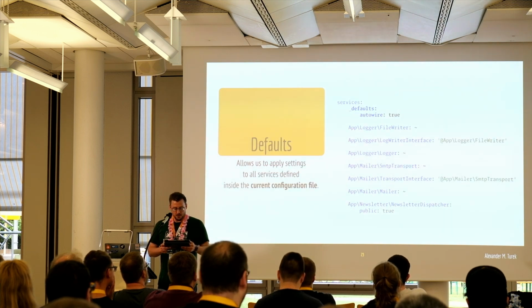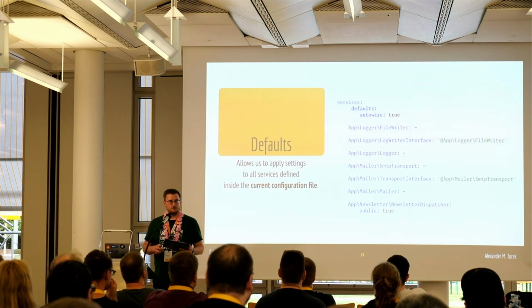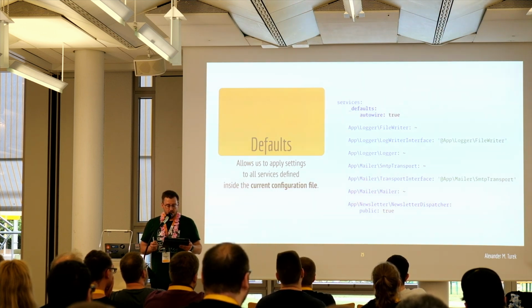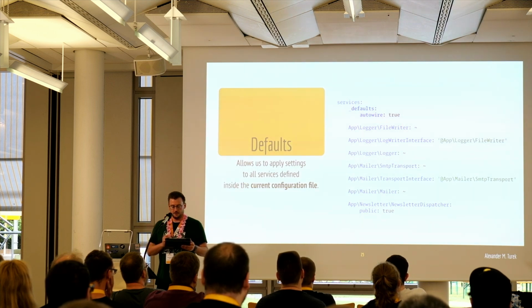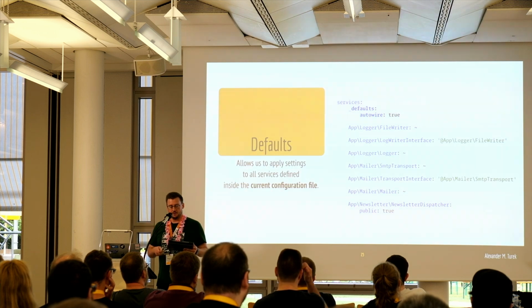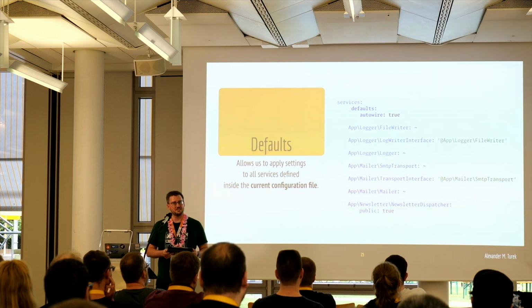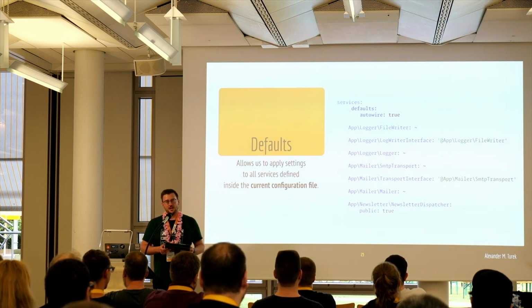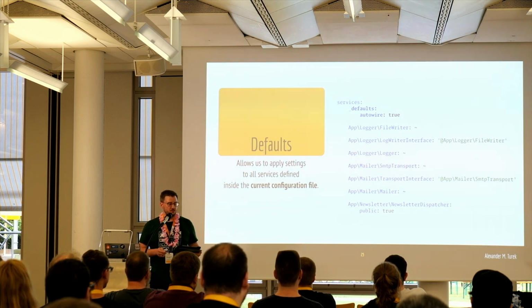And of course, I can do the same for my file writer, for the location of the log files. And then I have a configuration where all my services just have auto-wire true in them, and since I don't want to repeat the same configuration for each of those services, I have a way of defining defaults for my services.